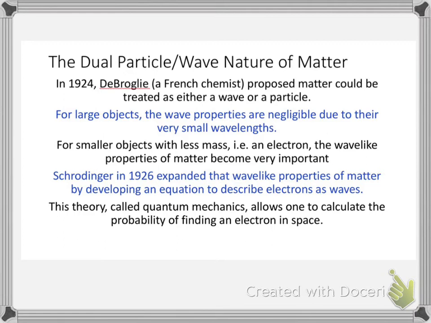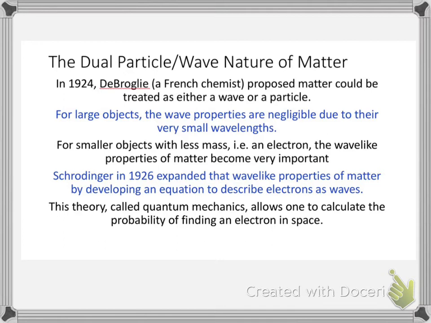But if you had something really small, like an electron, the wave properties of matter start to become important. To understand the electron, we have to treat it like a particle and also with a wave function to it, because electrons are so small, the waves make a difference.